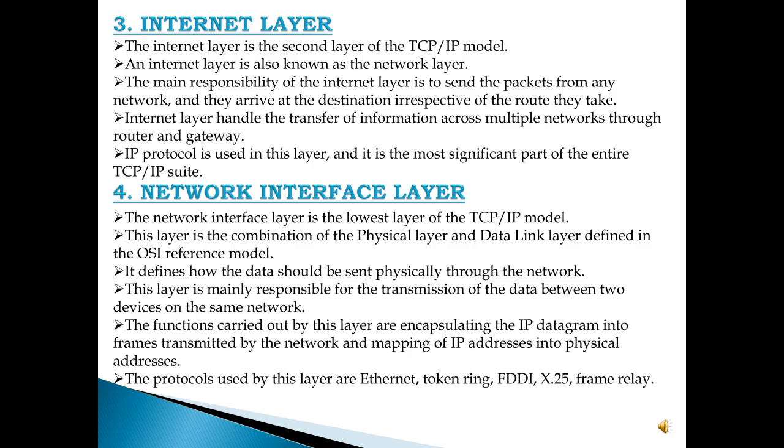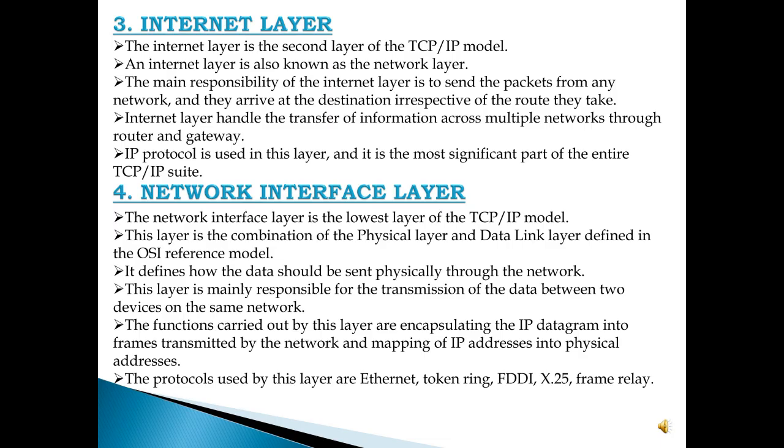Next layer we have the internet layer. The internet layer is the second layer of the TCP/IP model. An internet layer is also known as the network layer. The main responsibility of the internet layer is to send the packets from any network and have them arrive at the destination irrespective of the route they take.